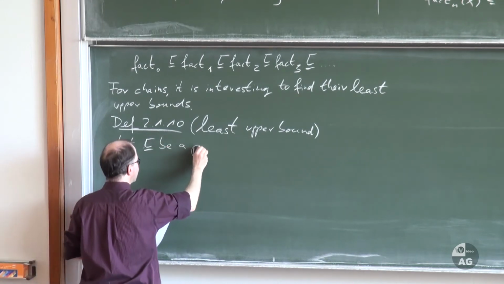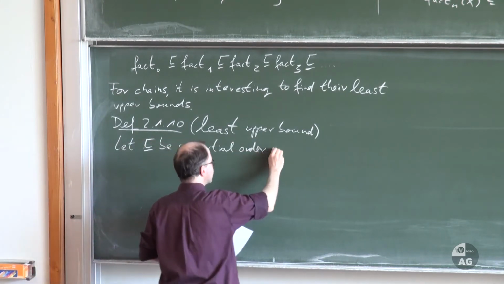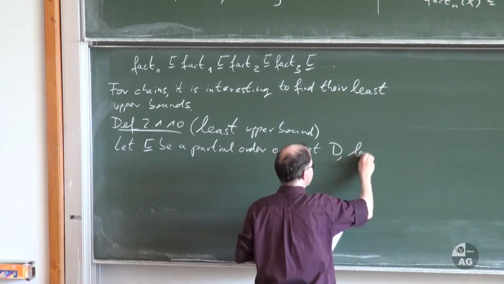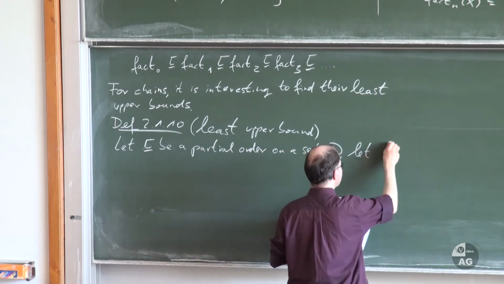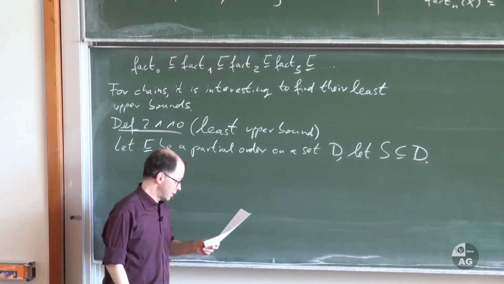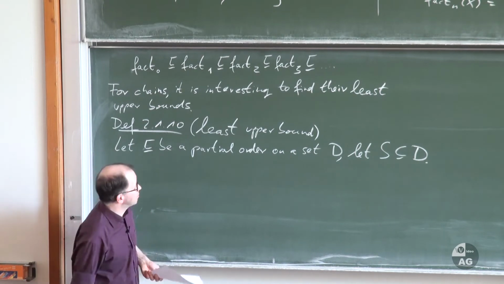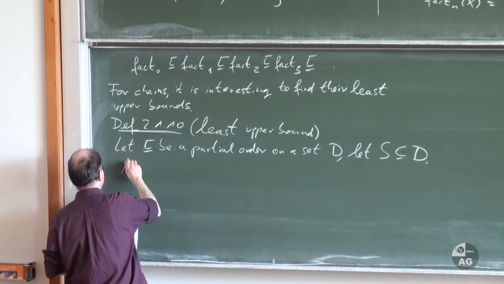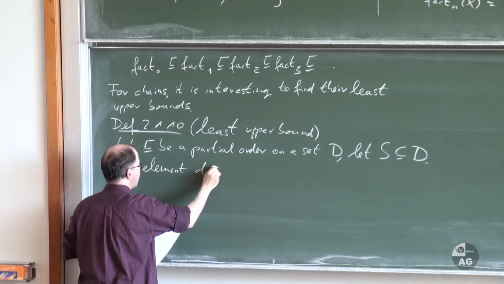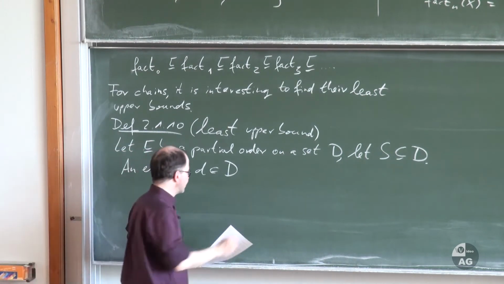Let this be a partial order on a set D. And we have some subset S of D. So first, what does upper bound mean? And then I explain what least upper bound means. So an element small d from capital D is an upper bound of S.